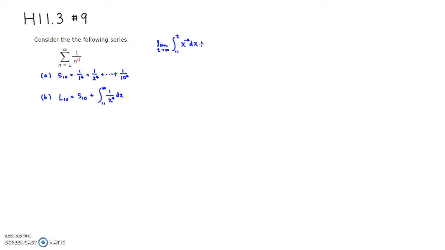So this is equal to the limit as t approaches infinity of the antiderivative of x to the negative 4th, which is x to the negative 3, divided by negative 3, going from 11 to t.